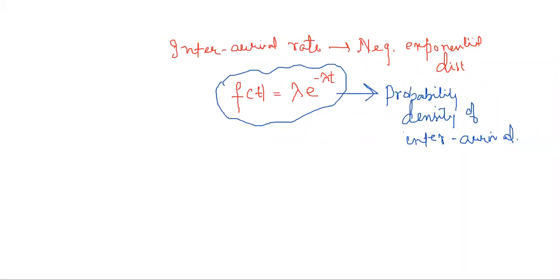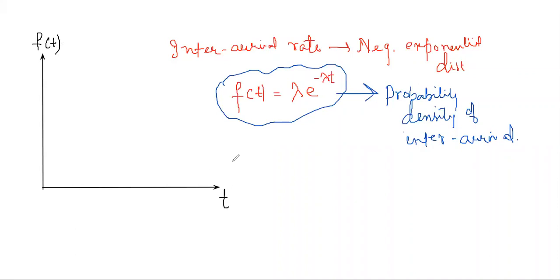So I will show you what the graph looks like. This is time t, and this is the axis of the probability density function. These things you have studied in mathematics.